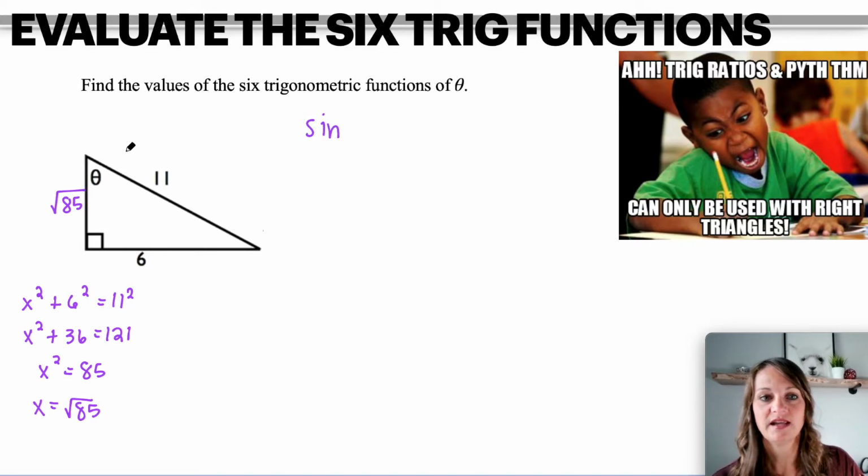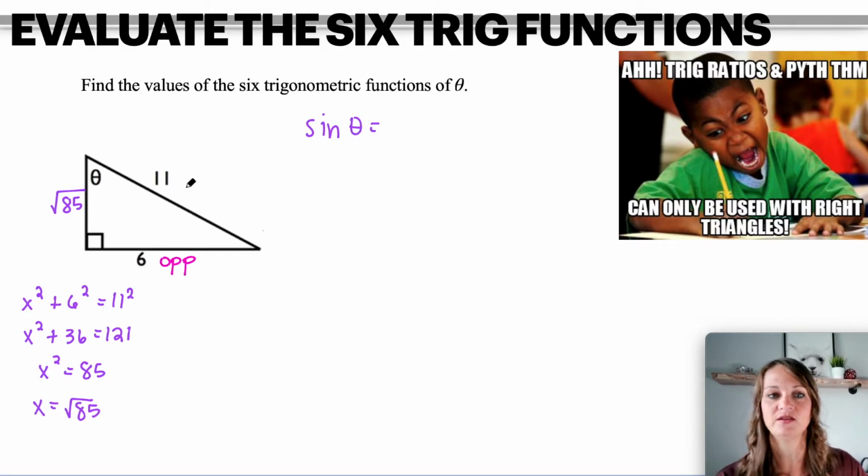So sine of this theta is going to be opposite over hypotenuse. Since we're dealing with this angle, I'm going to write what each part is. According to this angle, this would be my opposite side. This would be my hypotenuse because the hypotenuse is opposite the right angle.